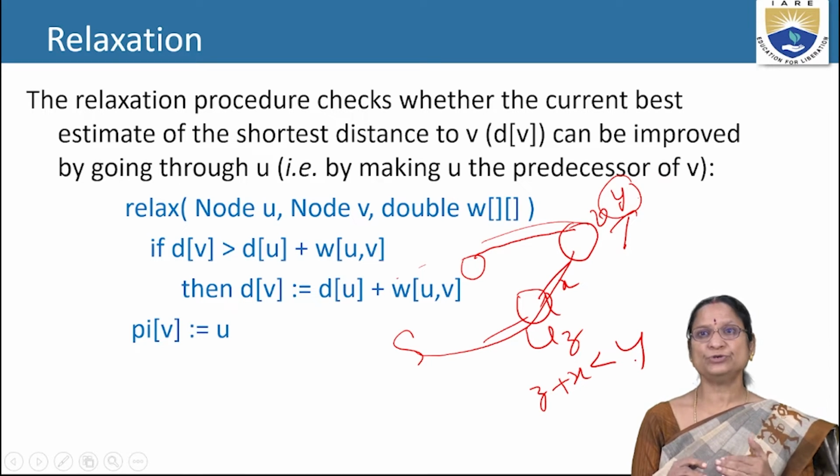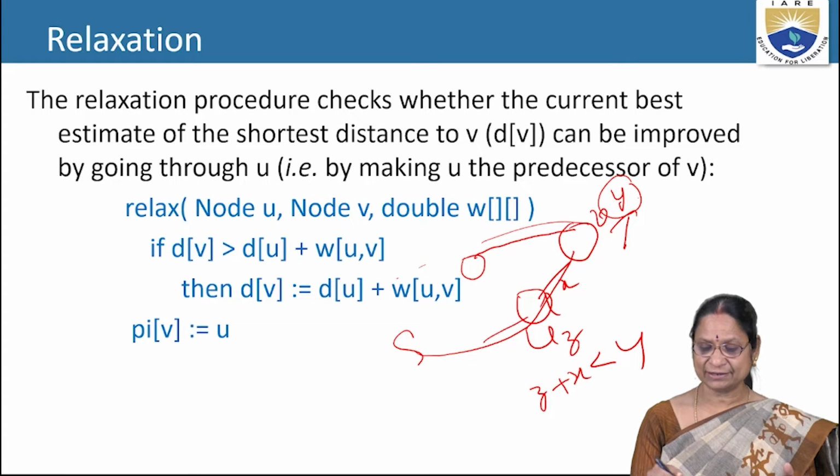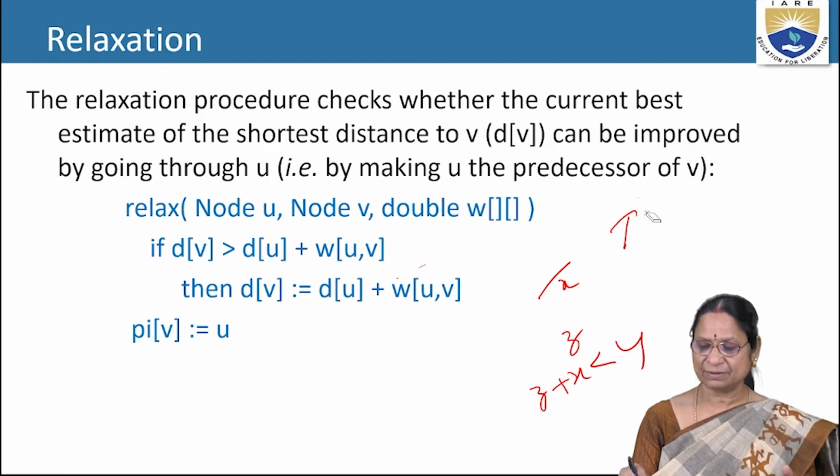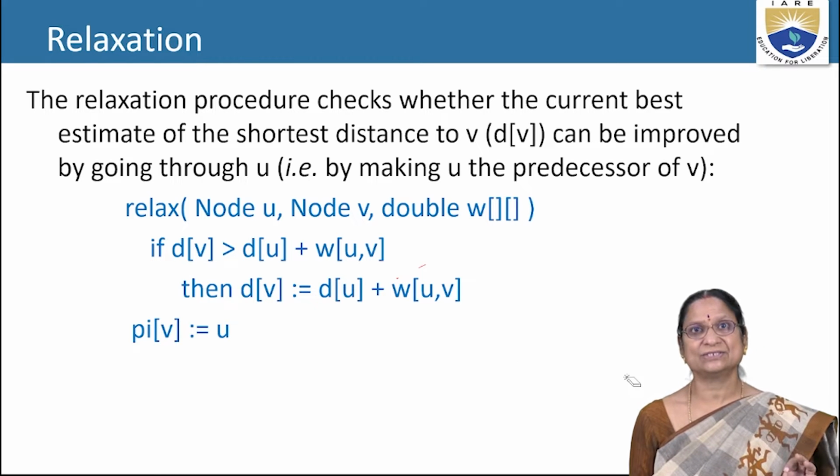That means through U from source, V can be reached at lesser cost compared with the already existing estimated cost to V, then V can be updated. Otherwise, V remains as it is. That is the relaxation rule.